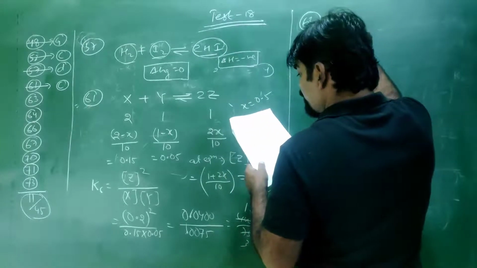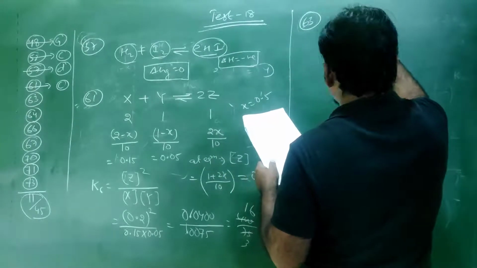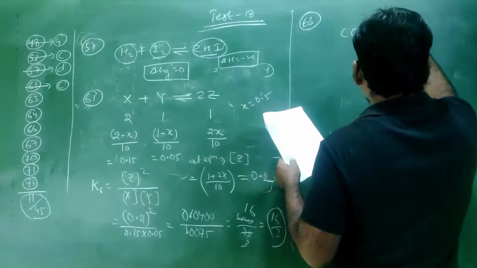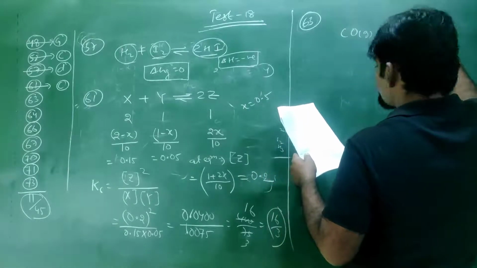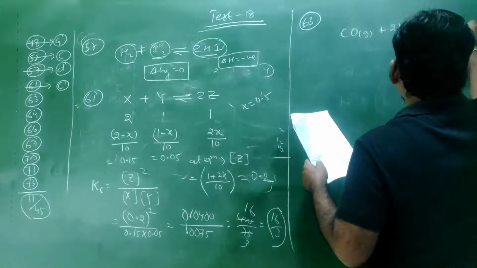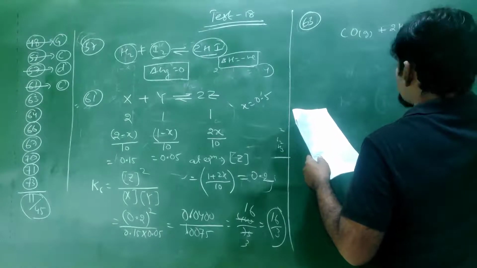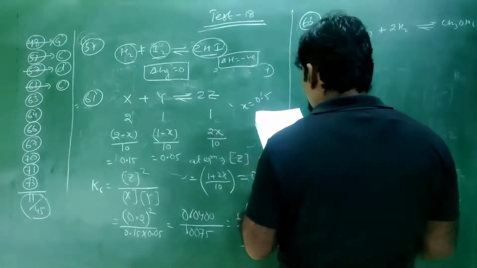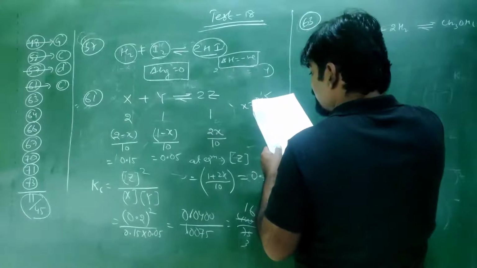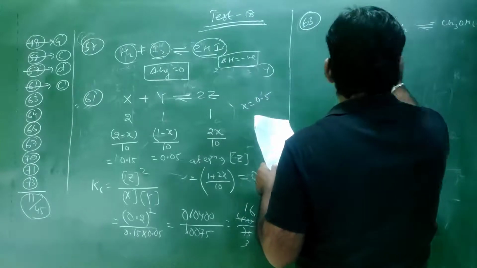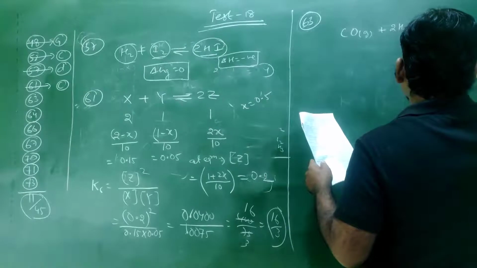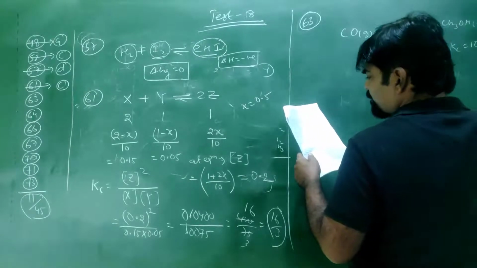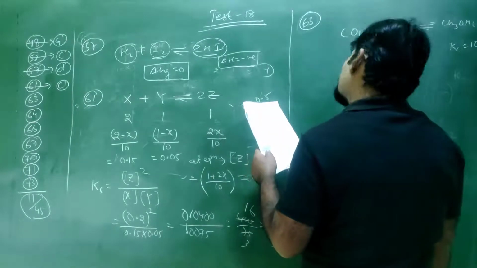Now see, we have CO gaseous plus 2H2 gaseous gives rise to CH3OH, which is also gaseous. And Kc for the reaction is given as 10.5.